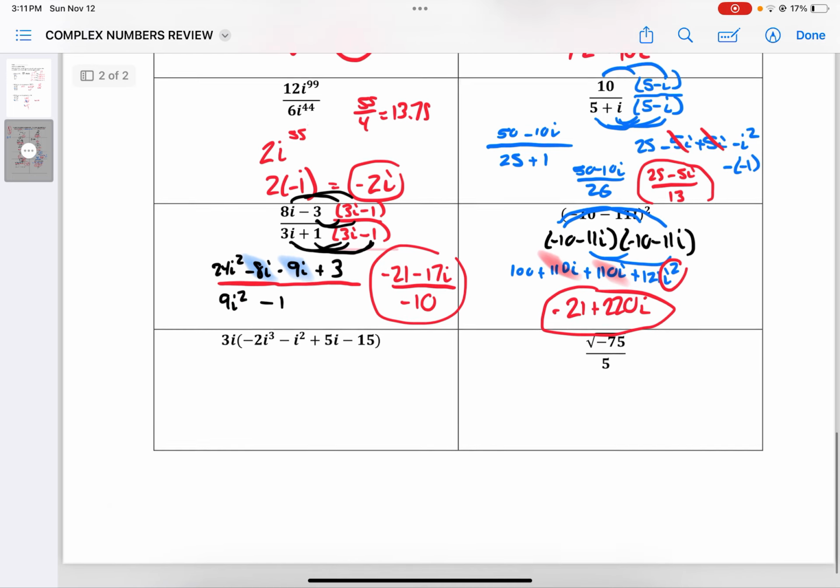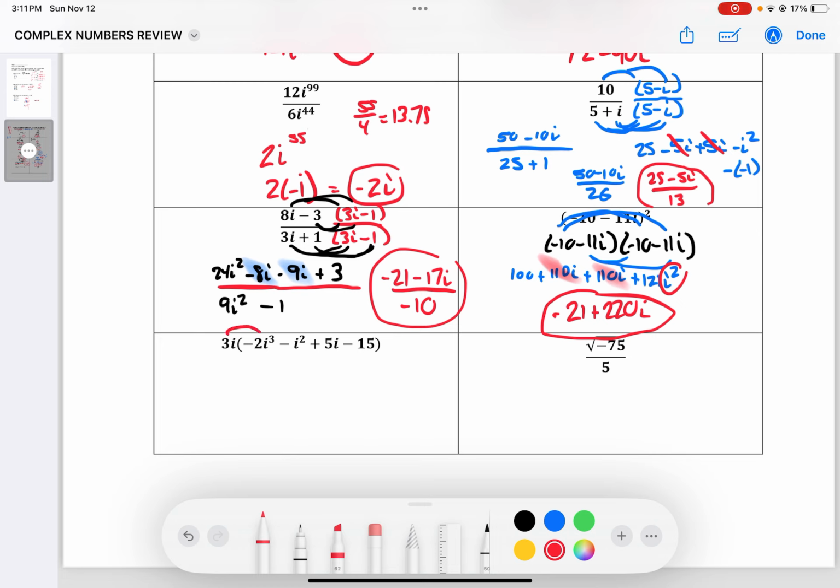Some distribution. The term on the outside gets multiplied by the terms on the inside. So we're going to do our product rule, and we're going to multiply their coefficients.